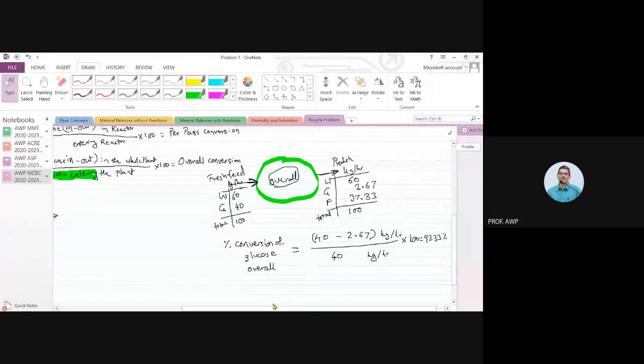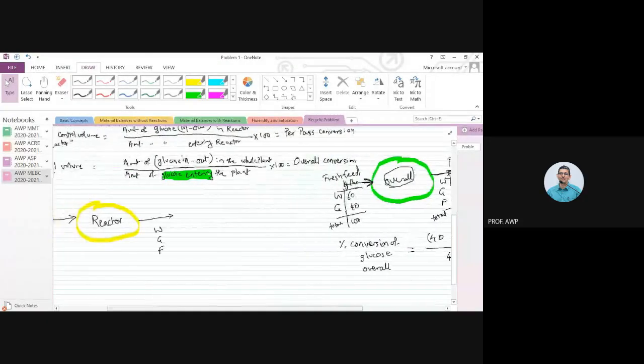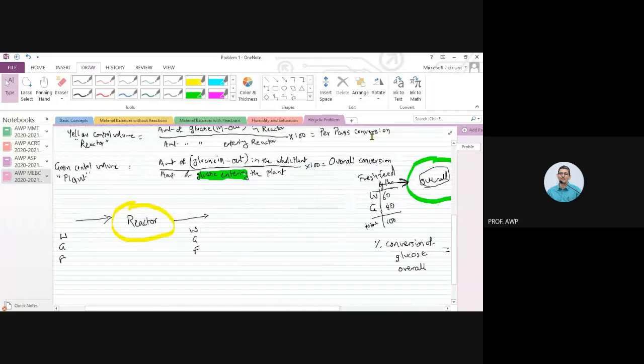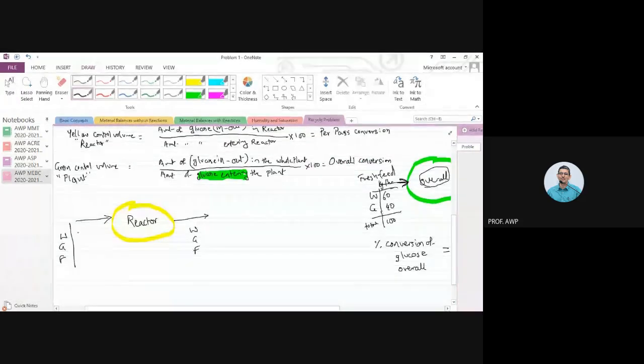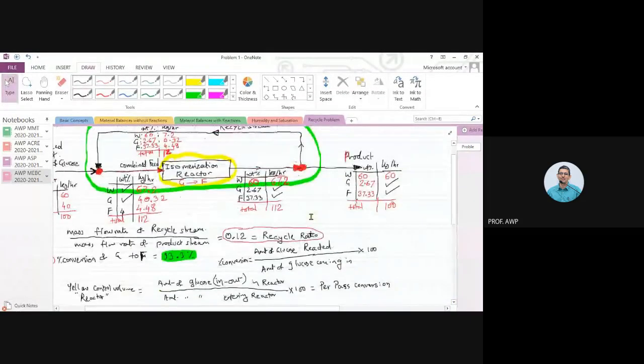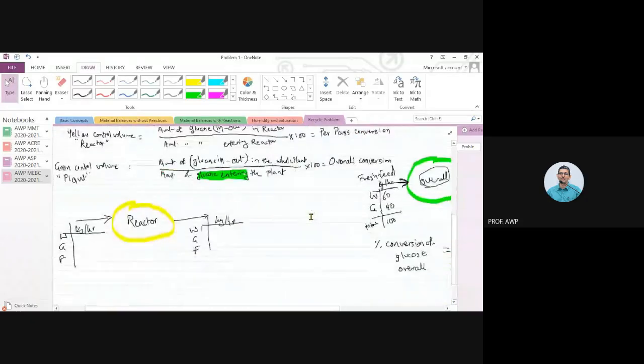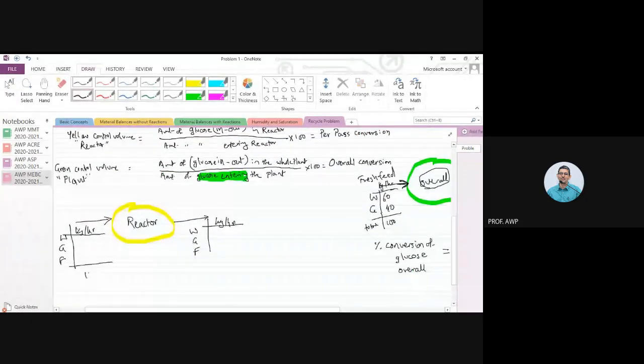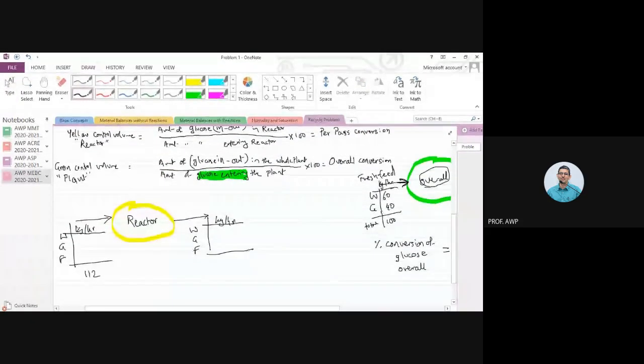Okay. If you look at the reactor, in terms of kgs per hour coming in and going out, the reactor, the yellow control volume, total coming in is 112 kg per hour. Total going out obviously must be 112 kg per hour.